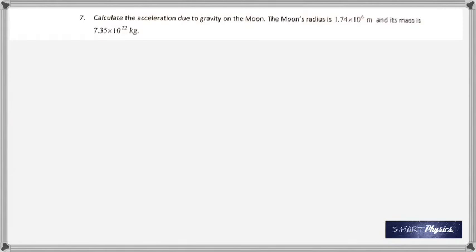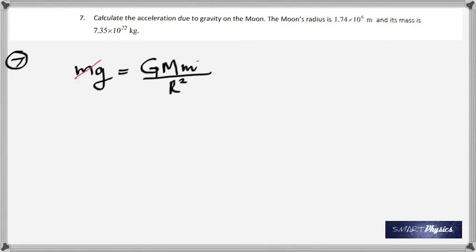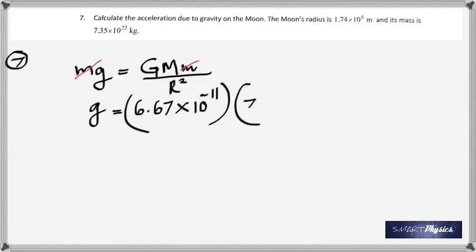Number 7, calculate the acceleration due to gravity on the moon. The moon's radius is given and its mass is given. From gravitation, a straightforward question, because we know mg is equal to GMm by r squared, and the masses get cancelled, and we get the fundamental formula for acceleration due to gravity on any planet.